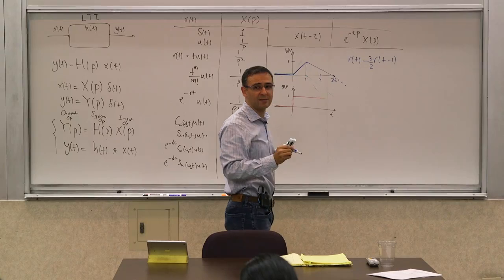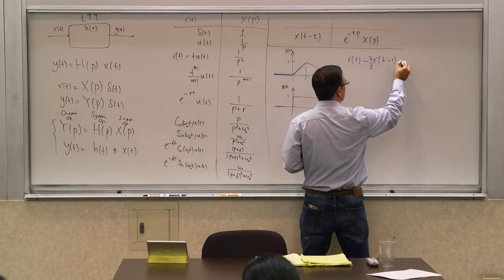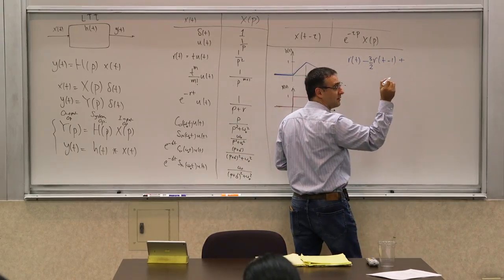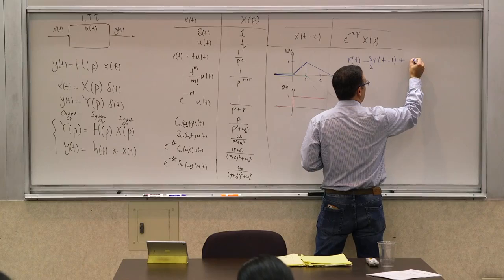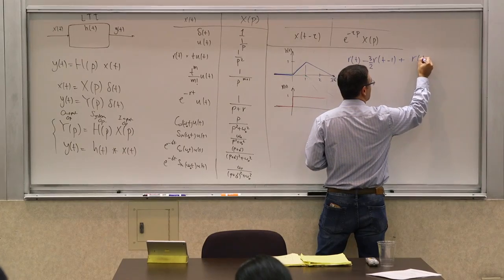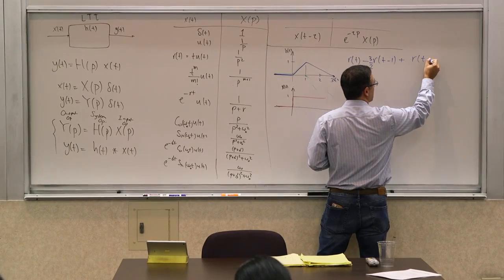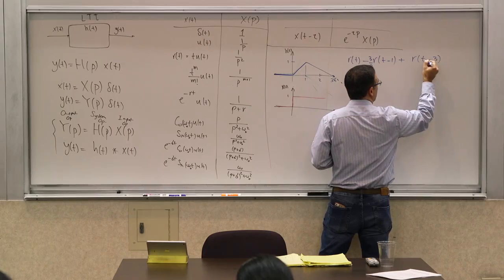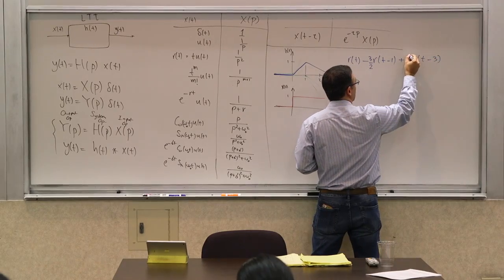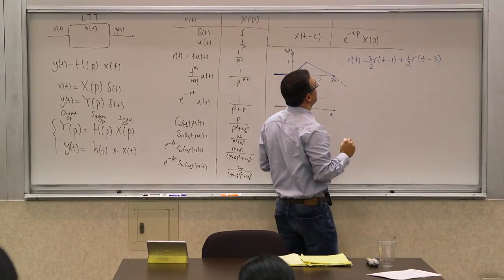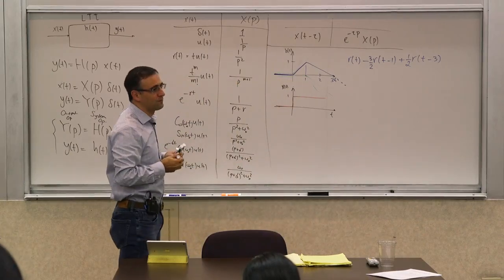So I have to stop it at that point. I need to add r of t minus 3. And what's the coefficient? 1/2, exactly. Thank you. So I can write it this way, right?